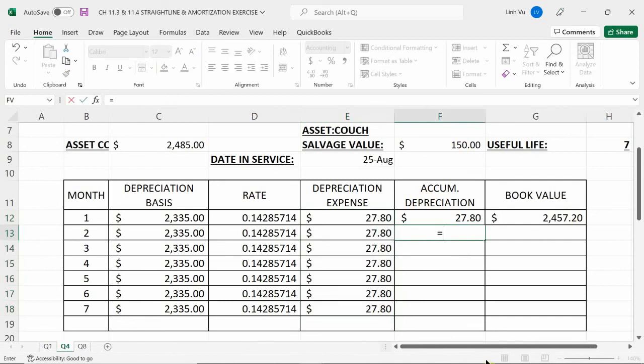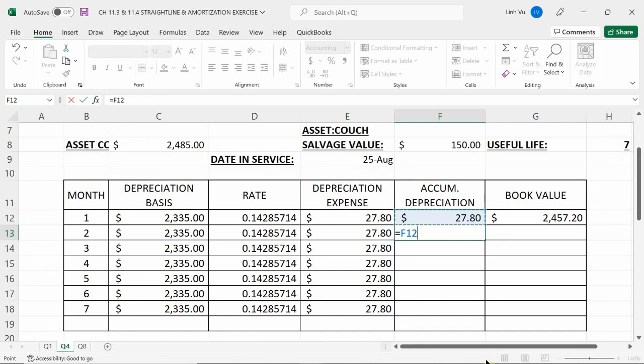What is my accumulated depreciation for the second month? Same thing, $27.80? Did I have a previous accumulated depreciation?